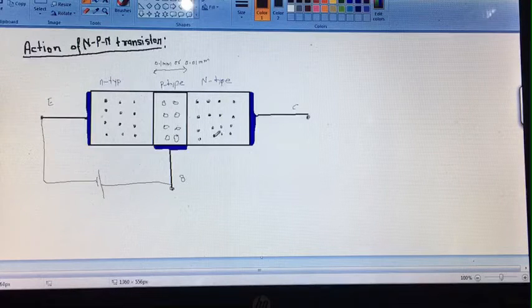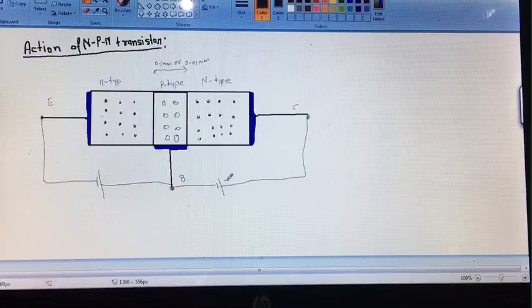The current is slightly less than the current in the forward bias region. Now, this junction should be in reverse bias, so that's why N is connected with the positive and P will be connected with the negative terminal of the battery.